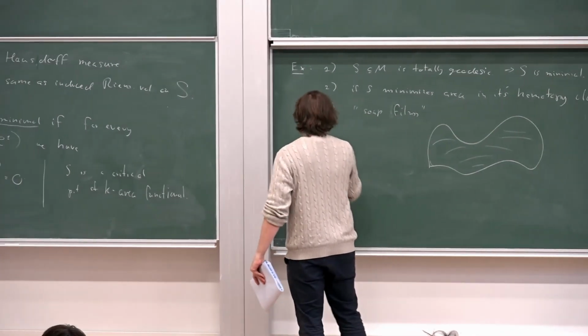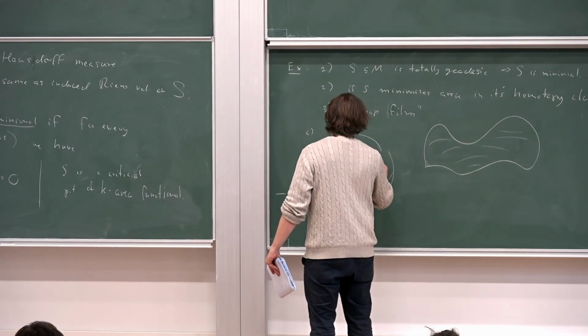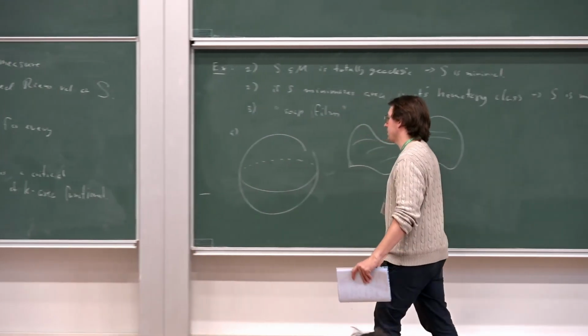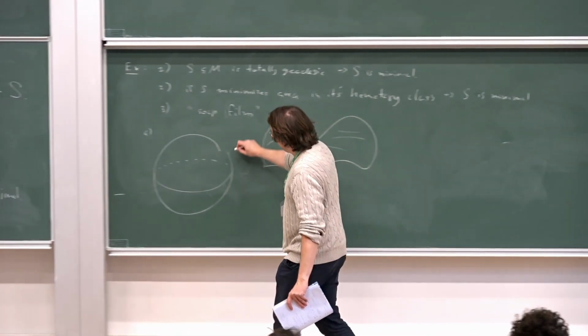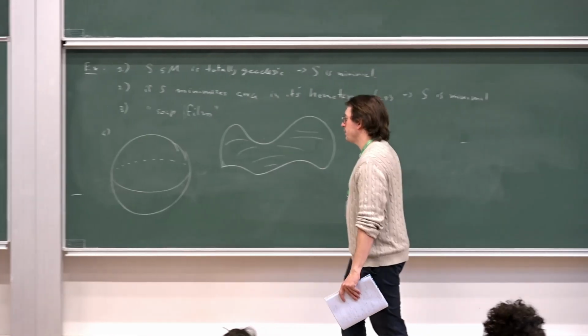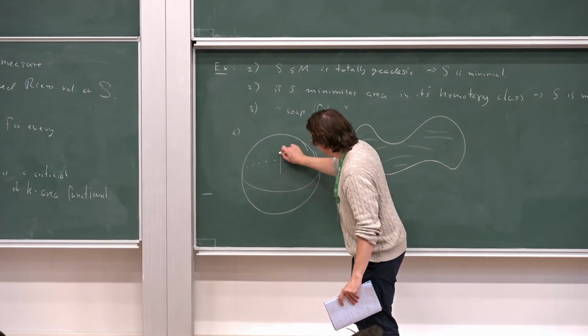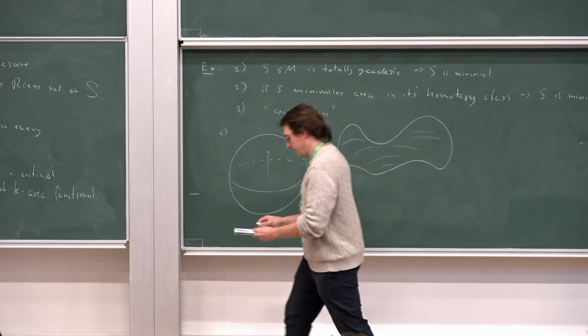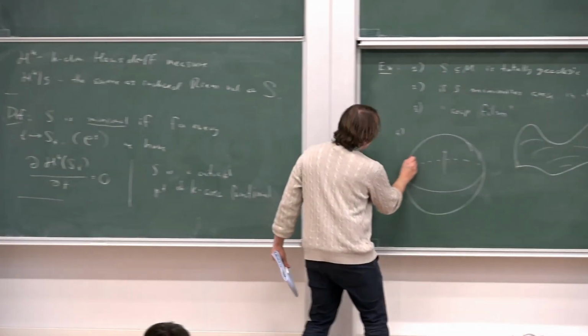Another example: when I have a sphere, those principal subspheres, the restriction of the sphere to lower dimensional subspaces, are minimal submanifolds, but you can see that there are some deformations. Let's say you try to move it up to get something like this.